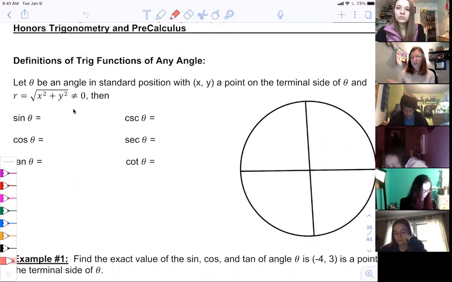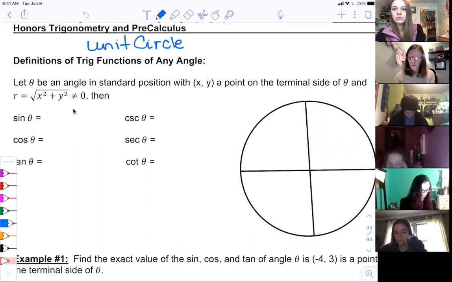If we are on the unit circle, and I'm just going to write this above, not in that color. There we go. So the unit circle has a radius of 1. And I know I've been referencing geometry a lot, but trig definitely has some geometry in it.